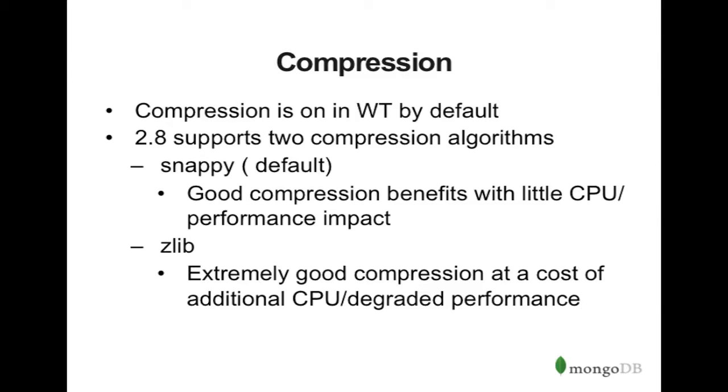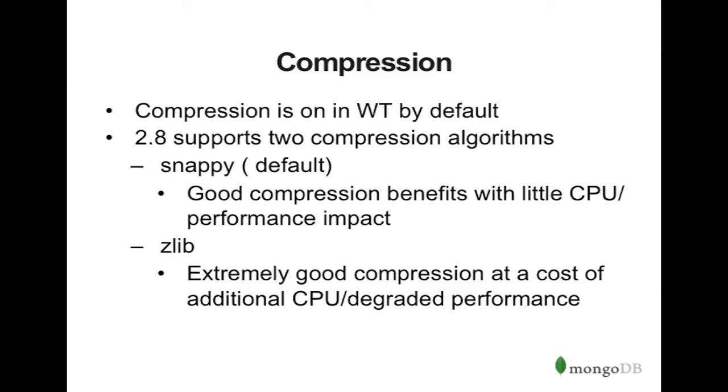It's a very snappy algorithm, a relatively fast compression algorithm that gives you fairly good compression ratios with minimal impact on performance. The idea is that with Snappy, we don't utilize too many CPU cycles compressing and decompressing the data and get a fairly good benefit from it.